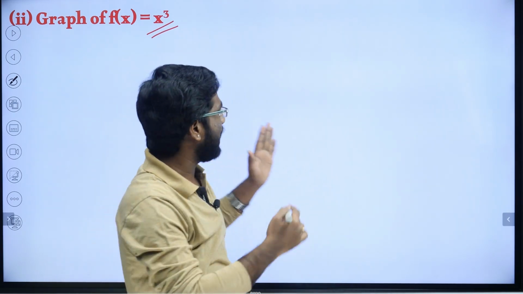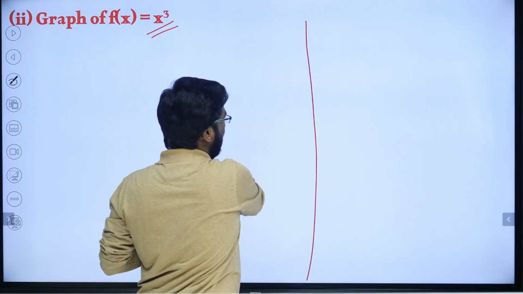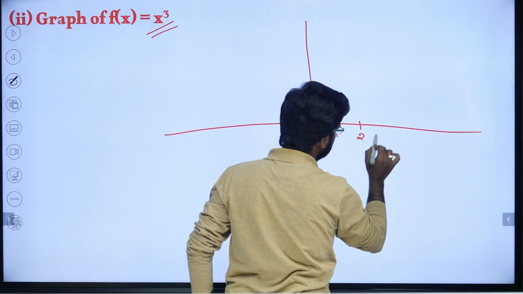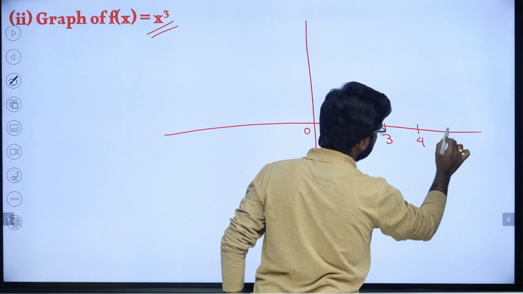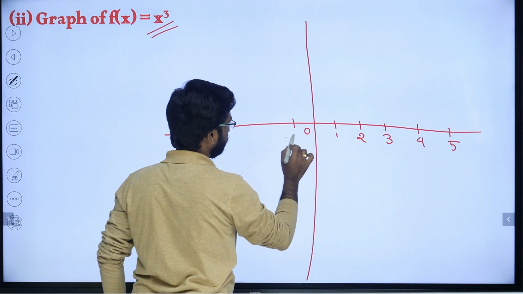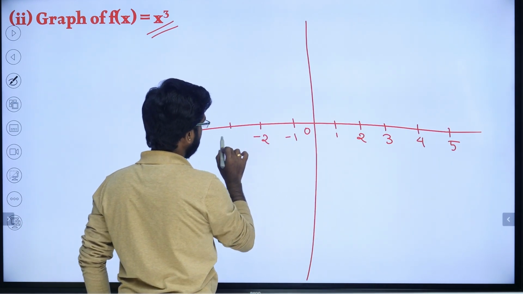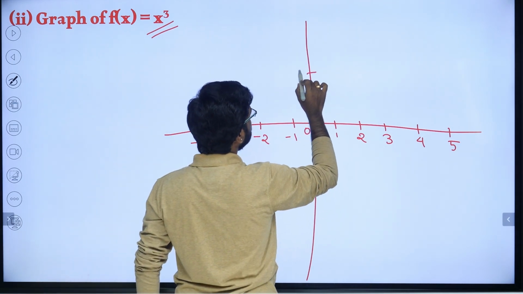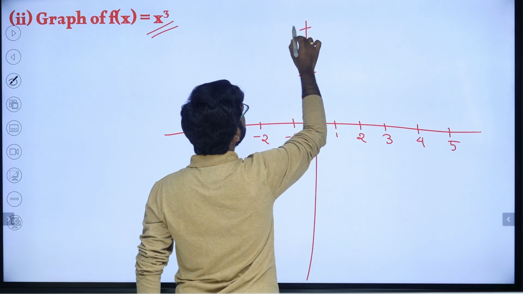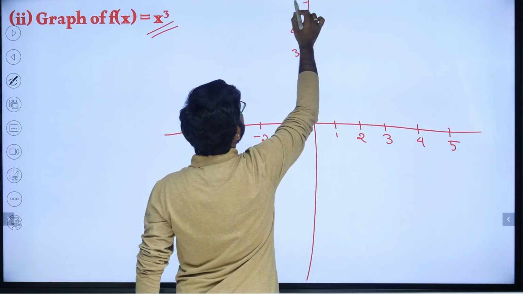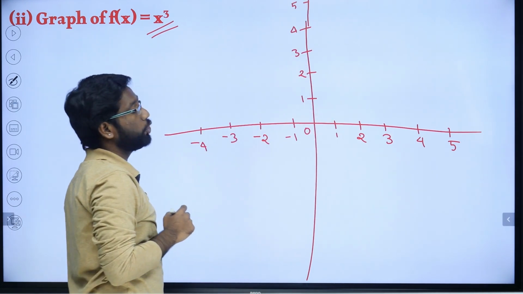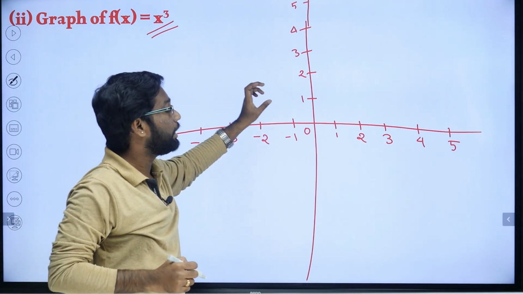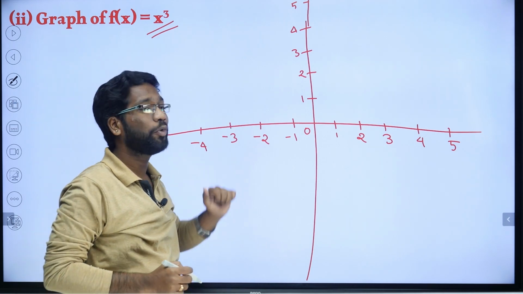We are going to take the graph and mark the values: -1, -2, -3, -4, 1, 2, 3, 4, 5. Since it is a cubic function, on the y-axis let me take units of 3.